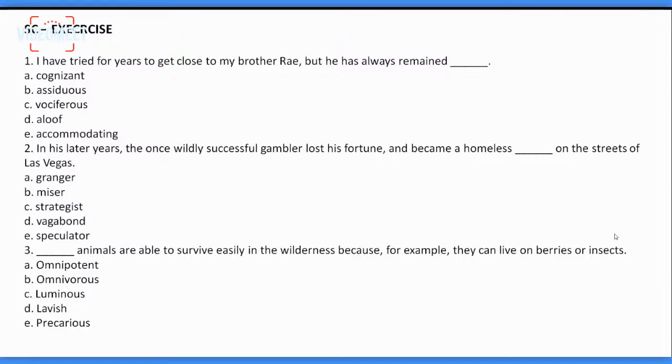Omnipotent is something or somebody that is present everywhere, right? So omnipotent is God. But omnivorous, we might have read the difference: herbivorous, carnivorous, omnivorous, when we were kids, maybe in our social sciences class.